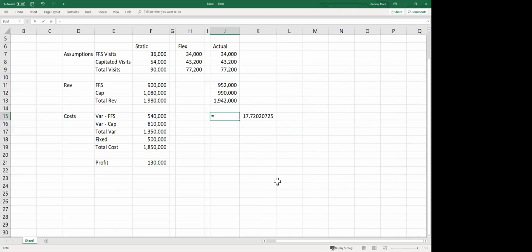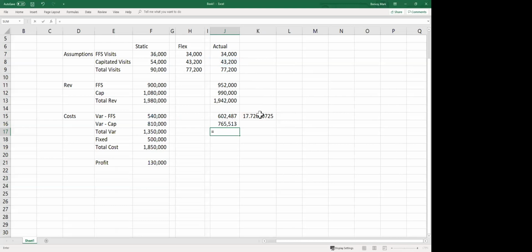For our fee-for-service variable cost, we had 34,000 visits times our actual average variable cost, and we get 602,487. You would have wound up with 602,480, a little bit off from the book solution. And then for our capitated, we did 43,200 visits times that 17.72-ish number. So that's 765,000.